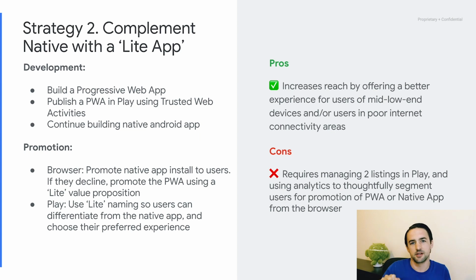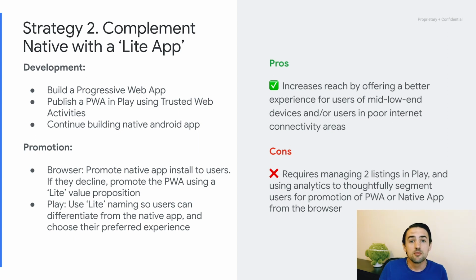The second strategy is to complement your existing native apps with a Lite app. The terms Lite and Go were coined to differentiate the lighter, faster, however sometimes less specialized web-based experience from that of a native app for businesses that are looking to offer both. For this strategy, build a great PWA and also publish it in Play alongside your existing native application.